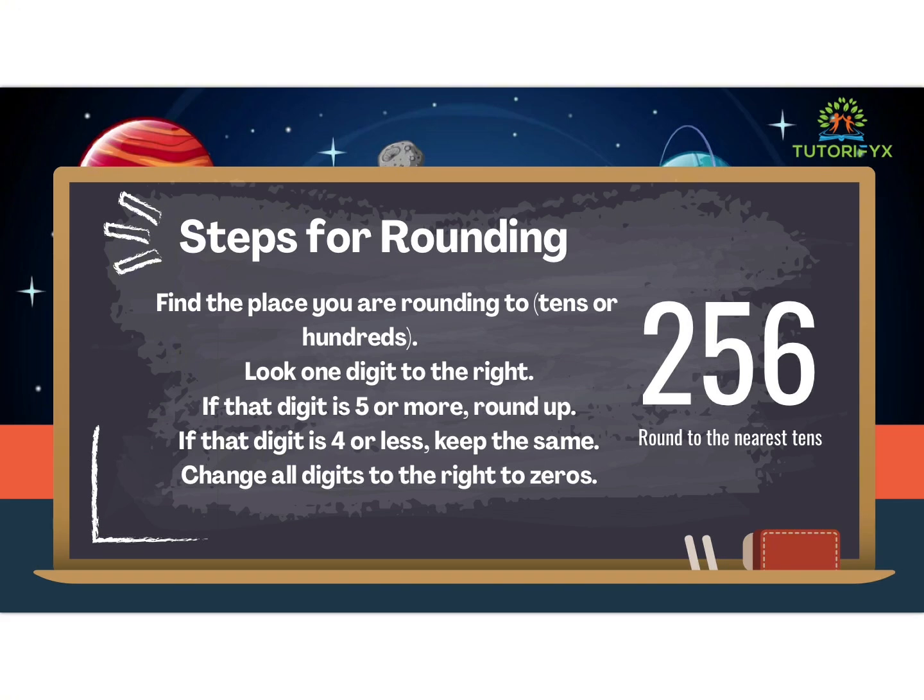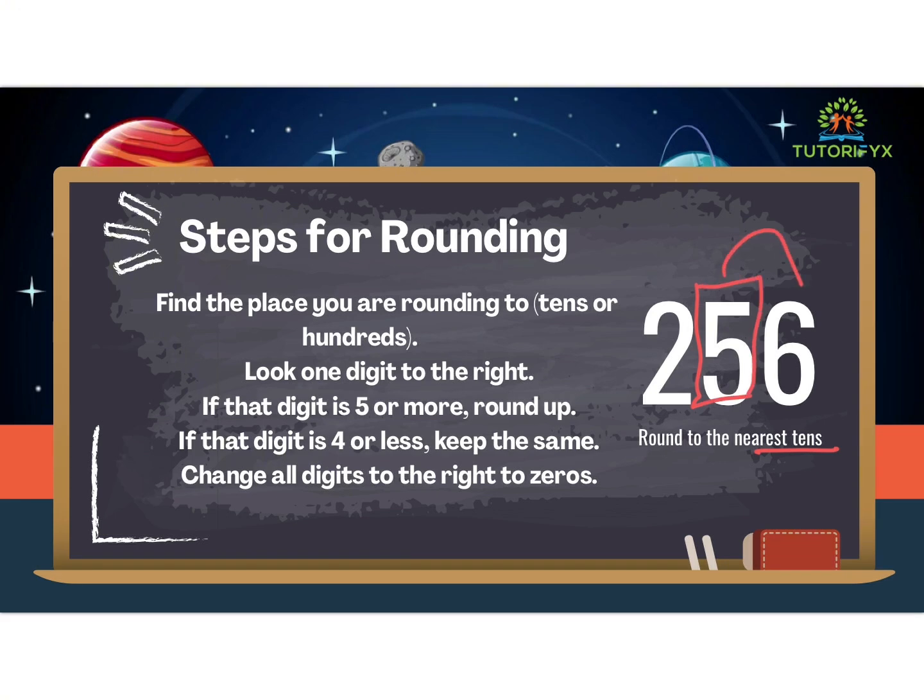As you saw on the previous slide, notice how I blocked in my place value that I was rounding to. I put an arrow to my neighbor and then asked myself that question: am I going to round up or am I going to stay the same? So the first thing we should do when rounding to the nearest 10 is block in my tens place. What digit is in my tens place? The 5. Awesome job. So I'm going to block in that 5 there.